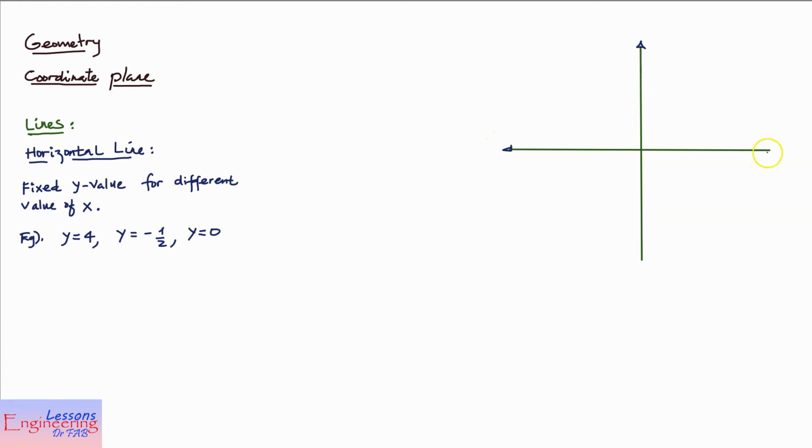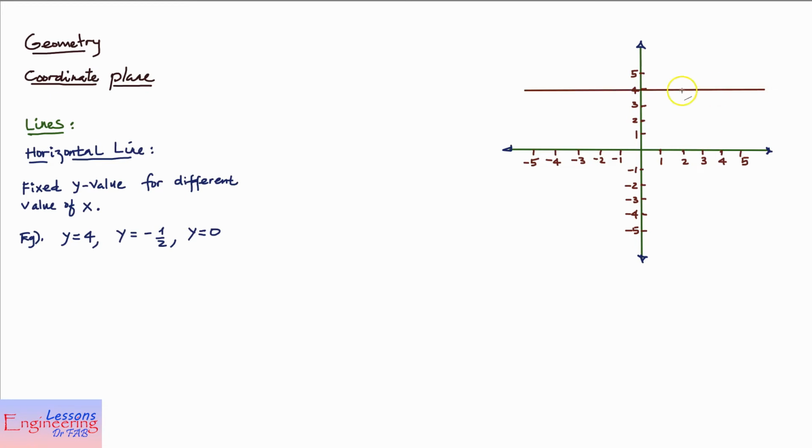So let's put these lines in this plane. The first example is y equals 4, so that horizontal line, since 4 is a positive value, has a constant positive y value like that.